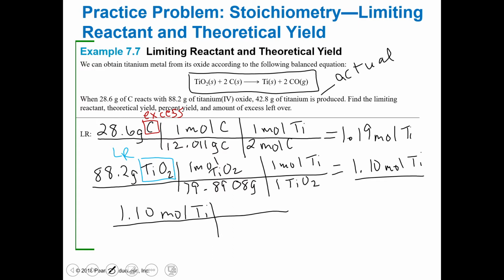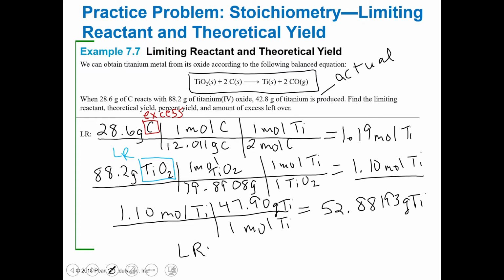The molar mass of titanium is 47.90. I get that right from the periodic table. So that times 47.90, and I get 52.88193 grams of titanium. So our limiting reactant in this case is the titanium 4 oxide.